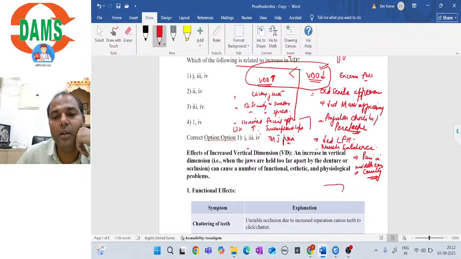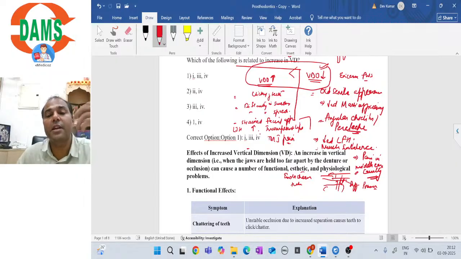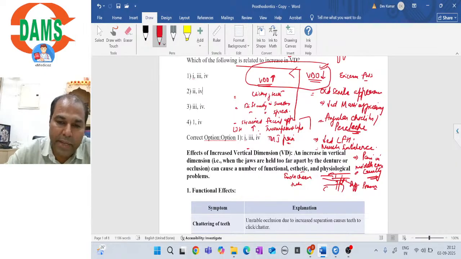The tongue will press on the soft palate, and over the soft palate is the middle ear. There is a eustachian tube which gets compressed because of the pressure of the tongue, and there is a differential pressure due to which pain occurs. So because of decreased VD, there might be pain in the middle ear cavity.